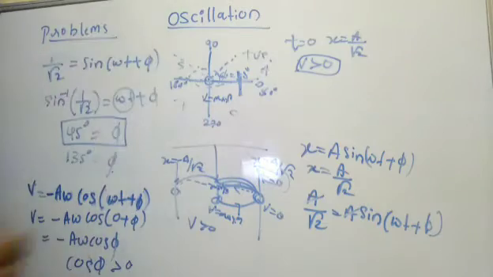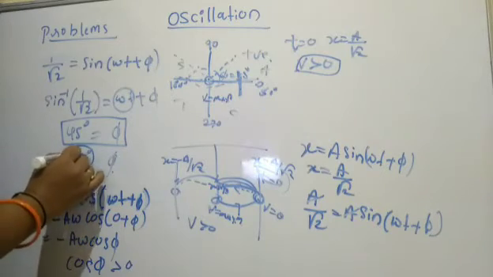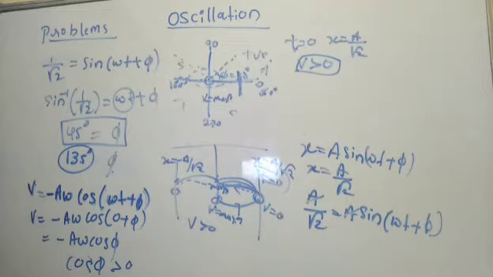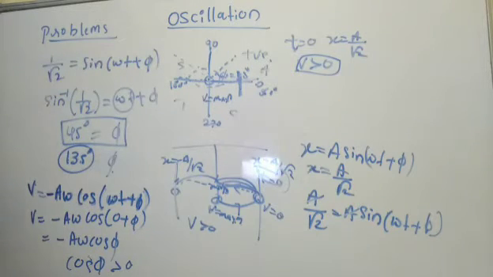Greater than 0 it is. Now we'll have an option of 135 degree only, because there is a possibility of checking negative also here, because only sign is positive here. In second quadrant, cos is negative. So for that reason, the second part is the perfect one.